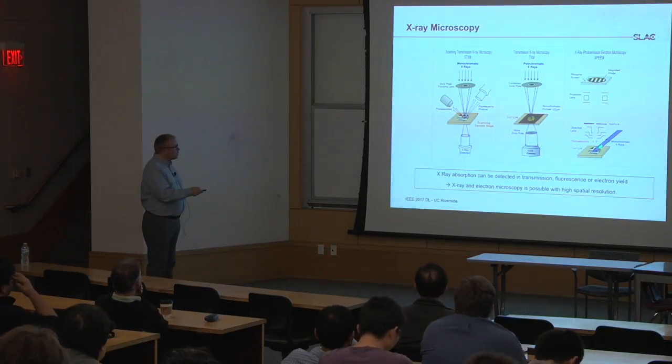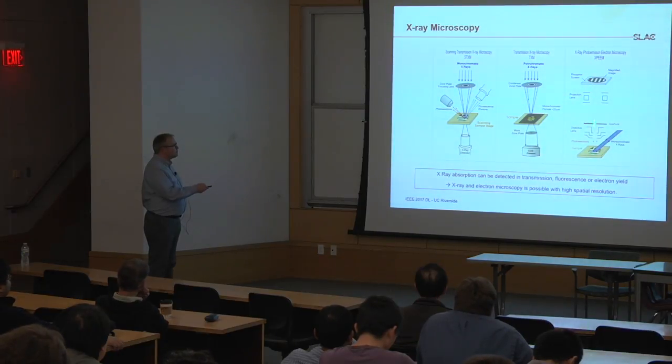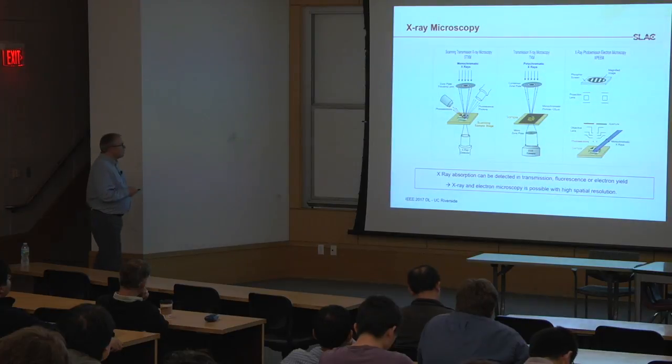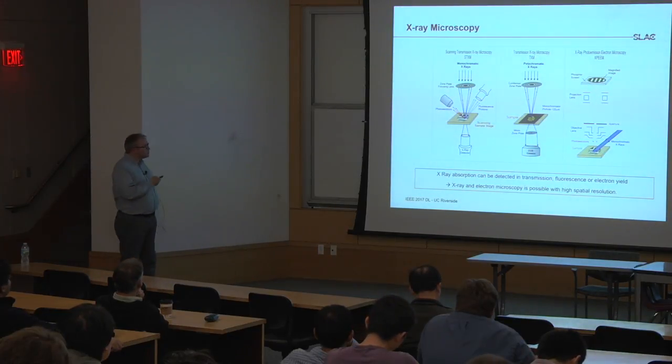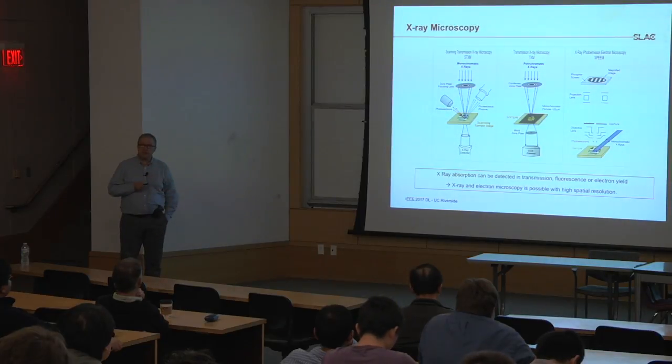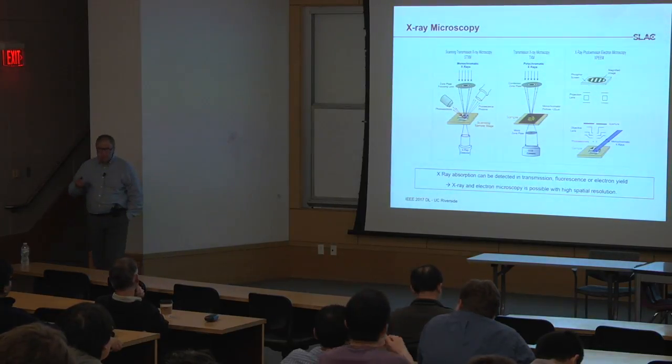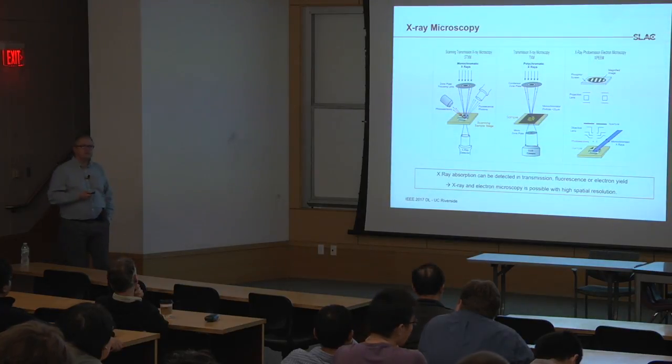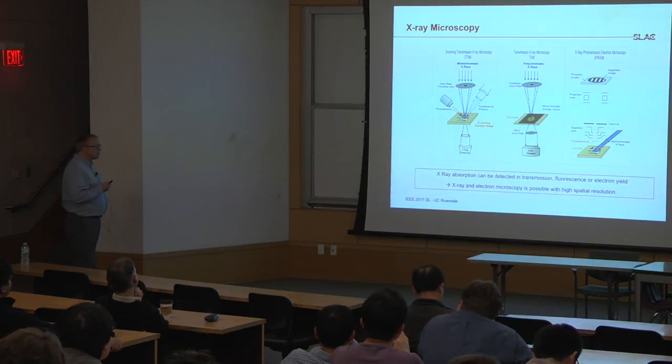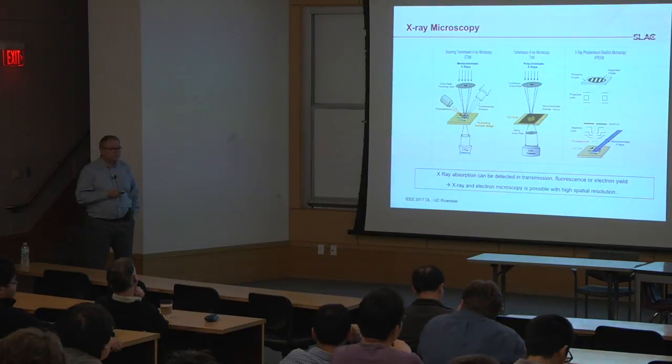You shine X-rays on your sample, the X-rays get absorbed, they emit photoelectrons, and you image this lateral distribution of photoelectrons, and you use a screen in the backside. What all of these systems have in common is that you can typically get something like 20, 30 nanometer resolution. And you can use all these effects that I described earlier, like the chemical sensitivity, like the magnetic sensitivity, to get contrast, to see something.